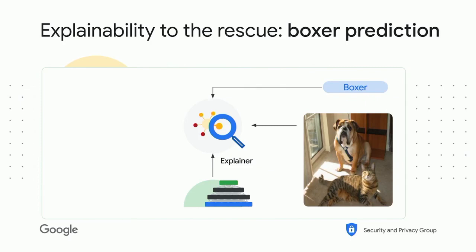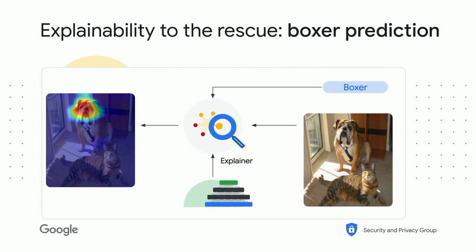In a way, you can think of an explainer as something which reverses the model. It's not really what it does, but the output of your choice becomes the input, and the output becomes the image itself. If you do that correctly, you get something nice like this.